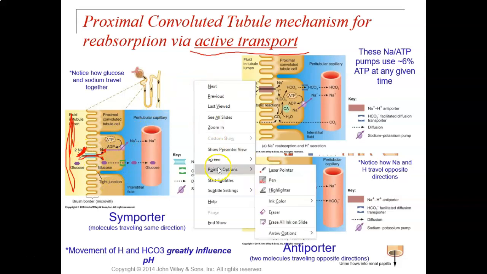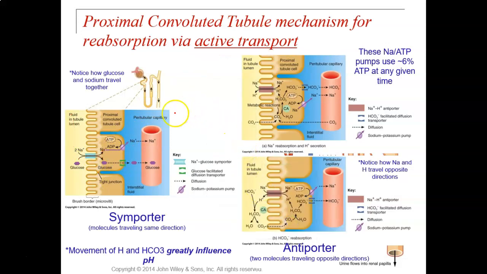Let's think about this for a second. If I am an uncontrolled diabetic, that means I have more glucose in the filtrate than I'm supposed to.